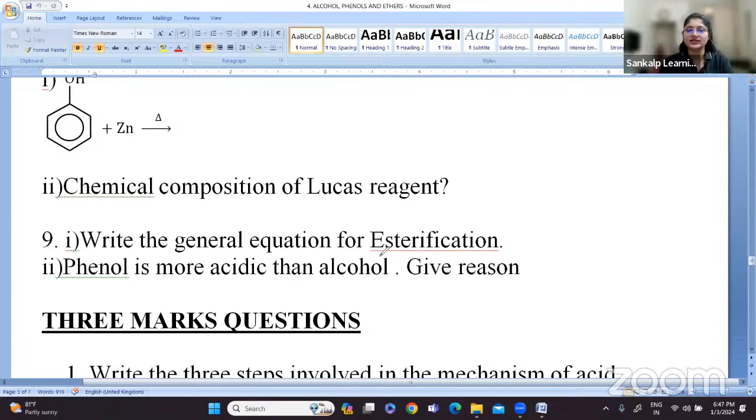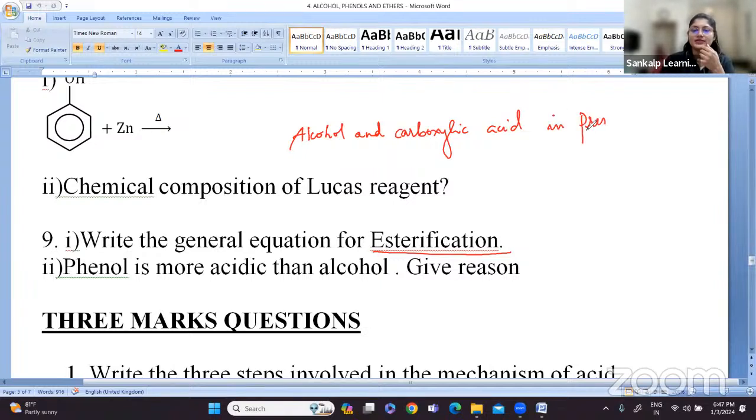Esterification is when the reaction is between alcohol and carboxylic acid in the presence of concentrated H2SO4. It gives you an ester.